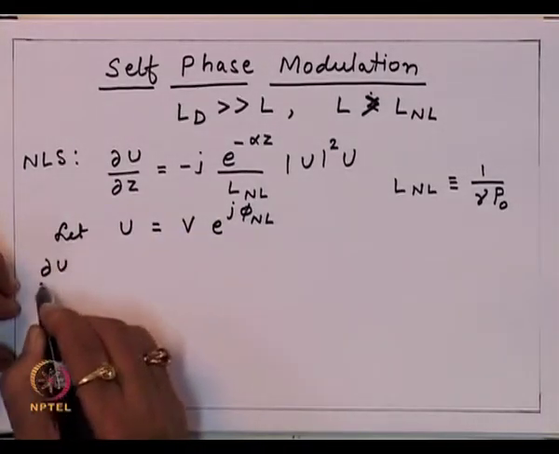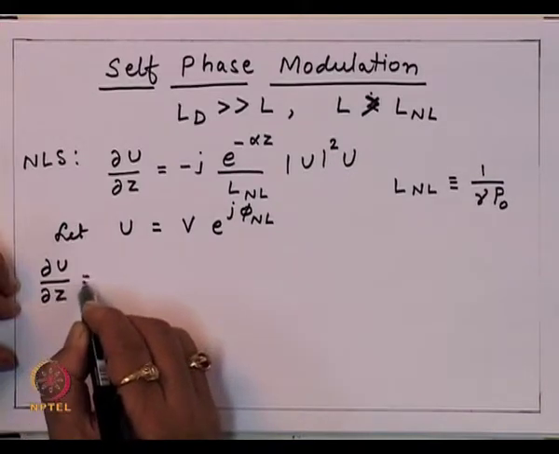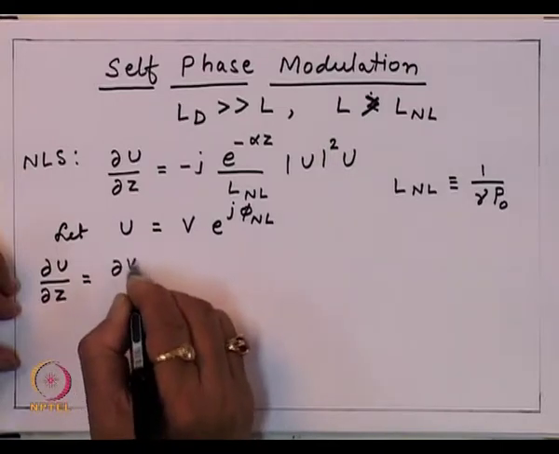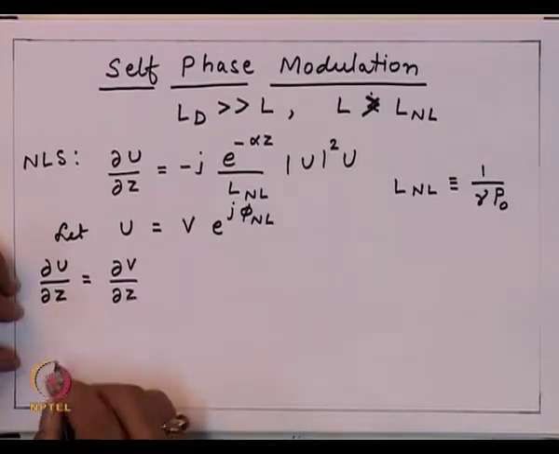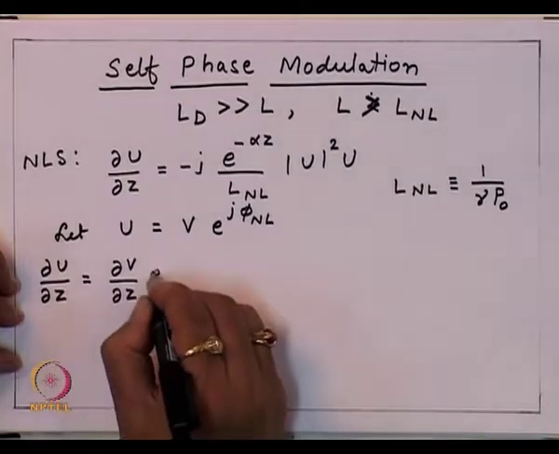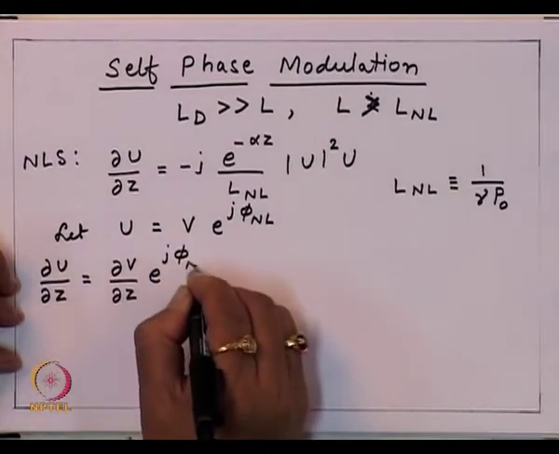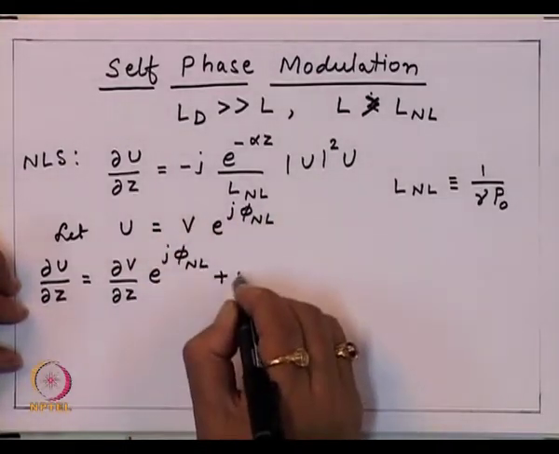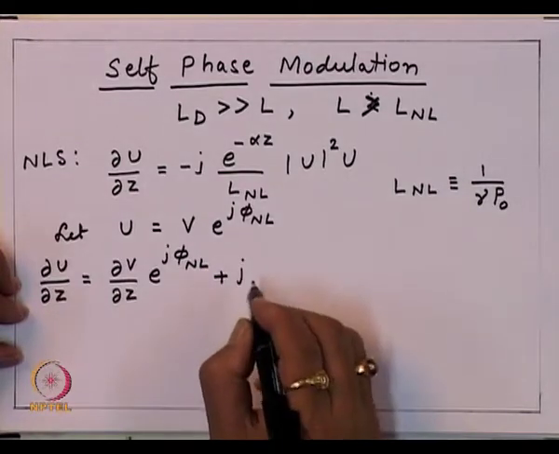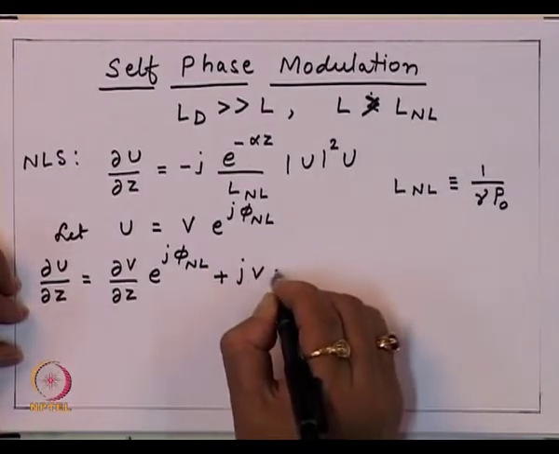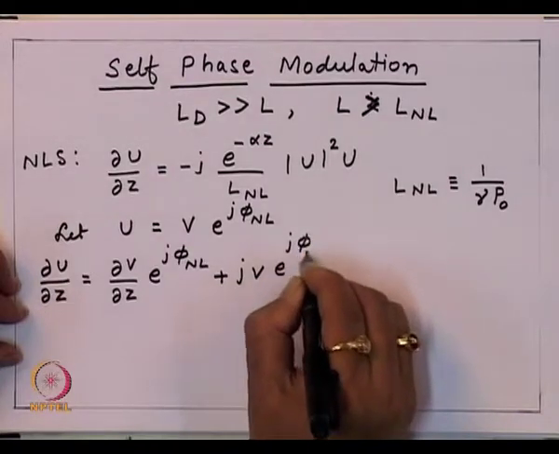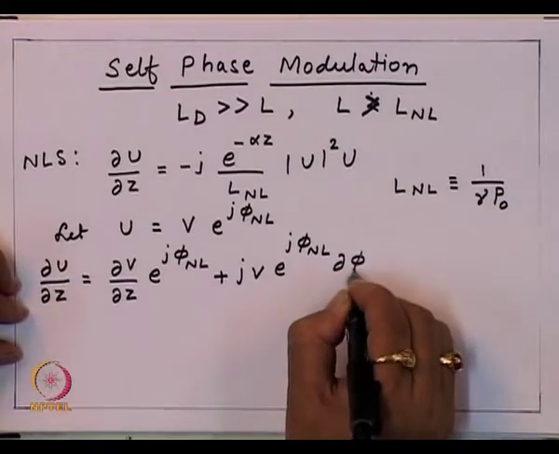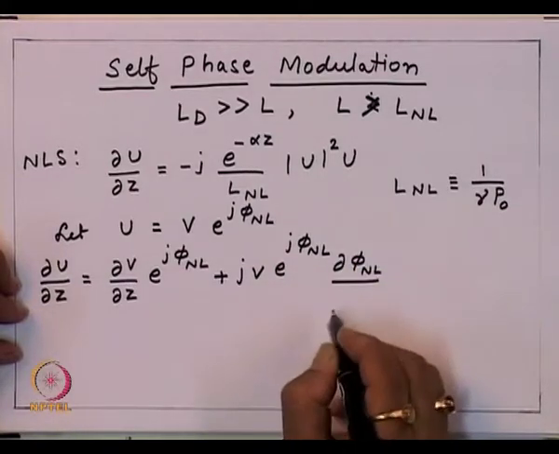So, from here I get du by dz, which is, if I differentiate this, dv by dz e to the power j phi NL plus, differentiate this, j V e to the power j phi NL d phi NL by dz.